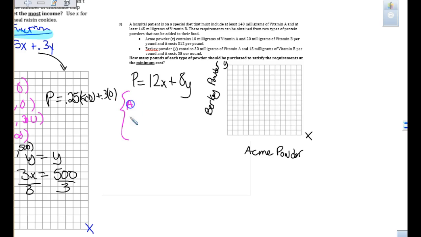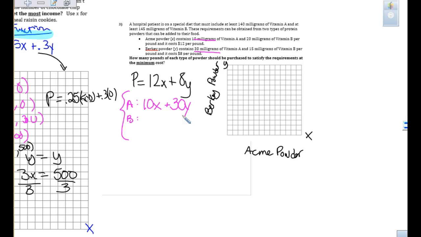So this is A, this is B. So what did we know about vitamin A? In the first one, there were 10. So 10x plus, what do we know in B? It has 30, right? So we're using this for our 30y. And what do we know about how much that has in it?